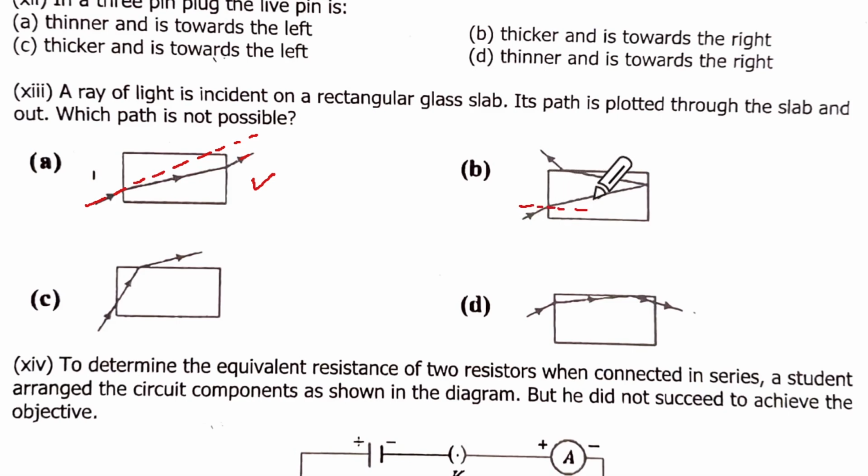This is turning towards the normal and gets reflected here, and this becomes more than the critical angle. Then it should go away this side, no? Yes, ma'am. It's turning this side, so this part is not correct.